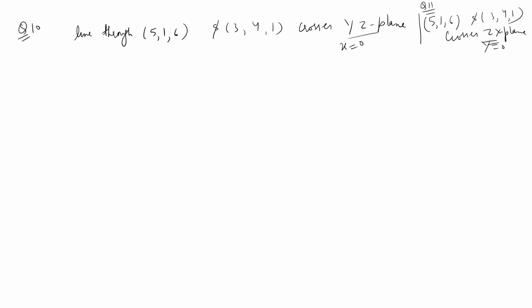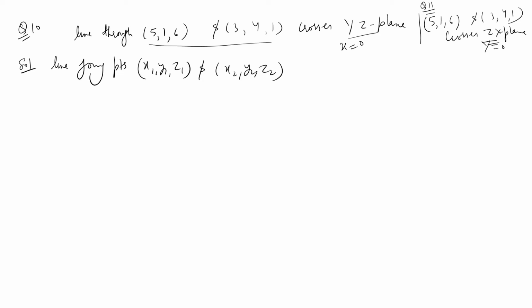Firstly, let us frame the line joining two points. The line joining (x1, y1, z1) and (x2, y2, z2) is given by (x - x1)/(x2 - x1) = (y - y1)/(y2 - y1) = (z - z1)/(z2 - z1).